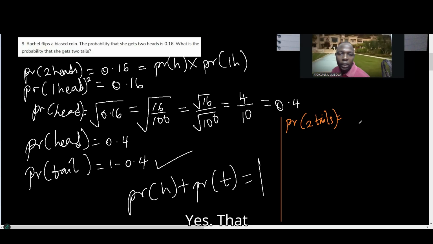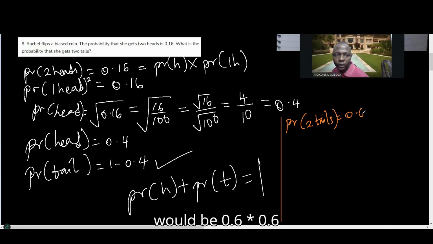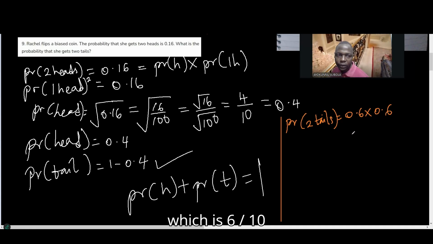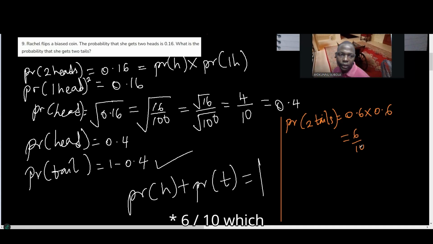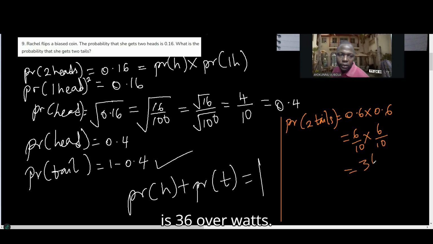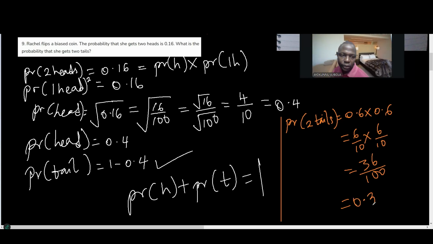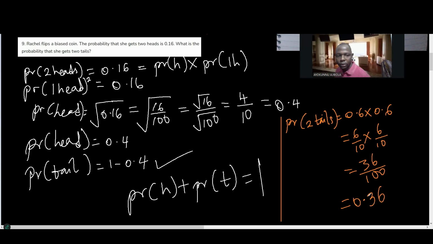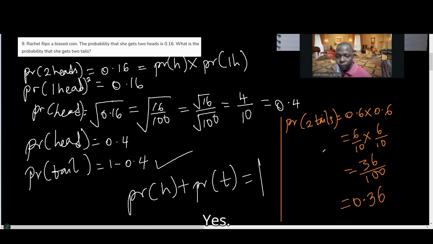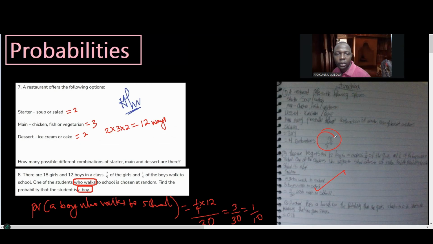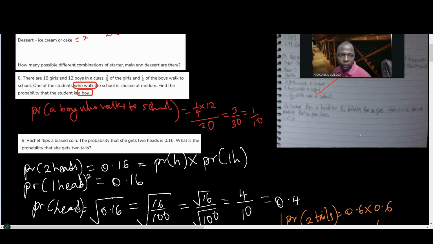So that will be 0.6 times 0.6, which is 6 over 10 times 6 over 10, which is 36 over 100. So the answer is 0.36. Exactly.